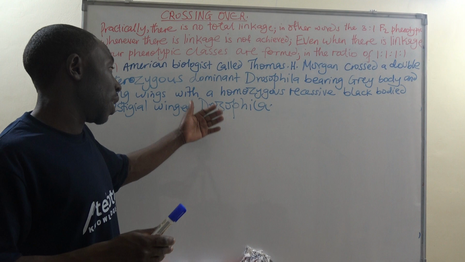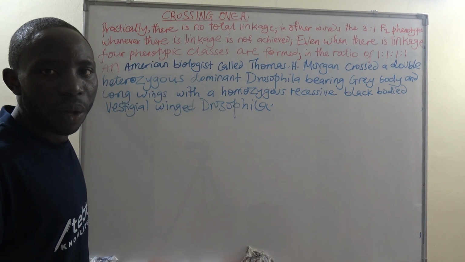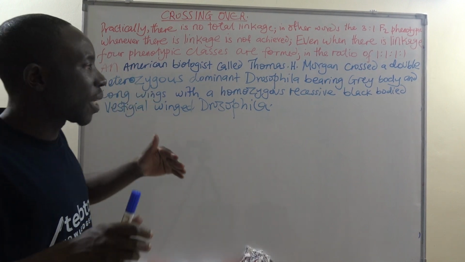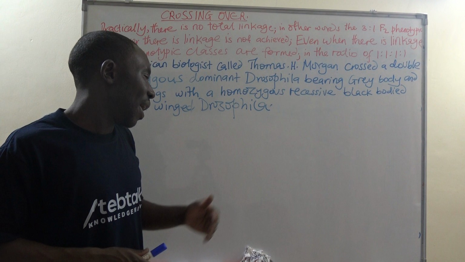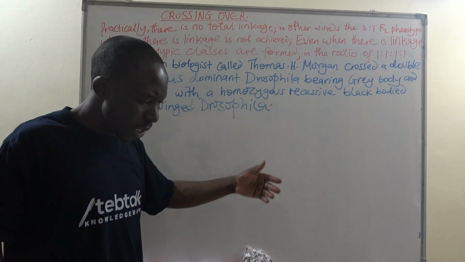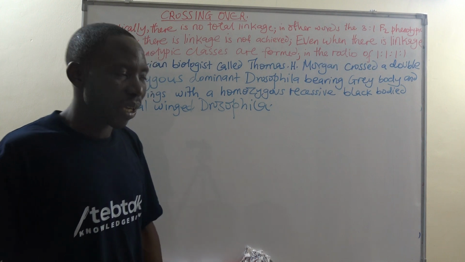That is, if the genes were not linked, or if the genes were located on different chromosomes, then a ratio of 9 to 3 to 3 to 1 would be obtained.